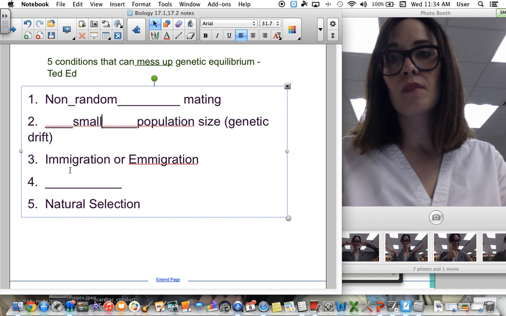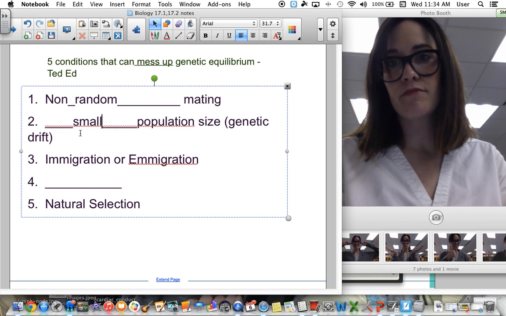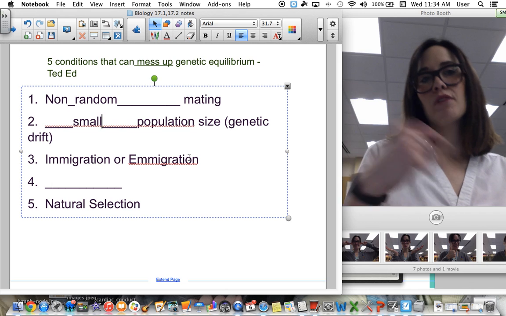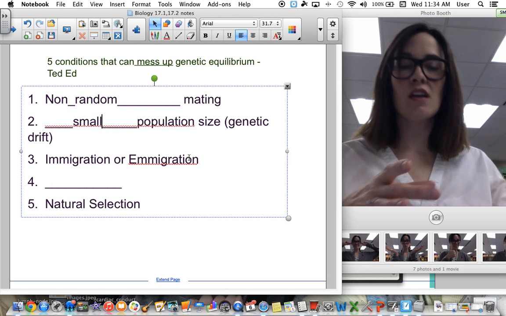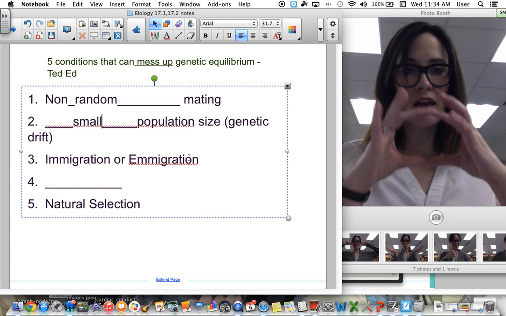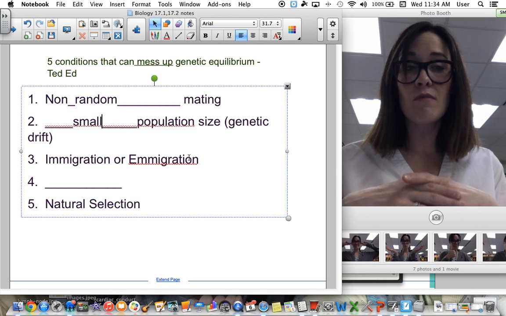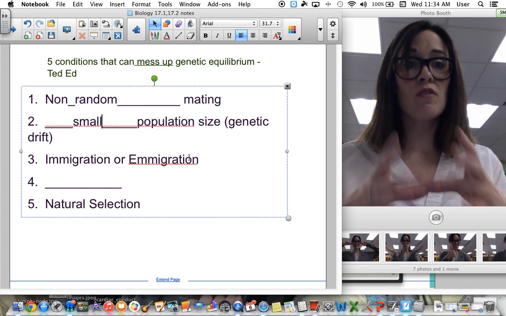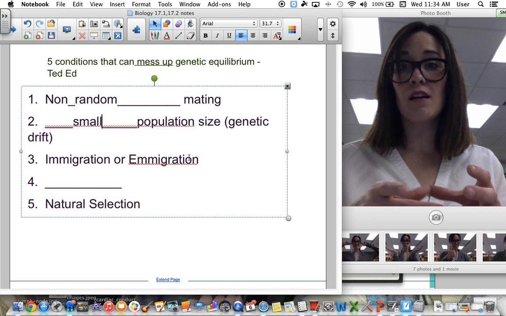Another thing that can mess up genetic equilibrium, and I kind of referenced it related to the small population size, is immigration and emigration. You have a population and suddenly you get hundreds of immigrants to that community. Is that going to change the number of alleles in that community? You bet. We have a small community in Thief River Falls and we get a whole bunch of people from China that come live here.